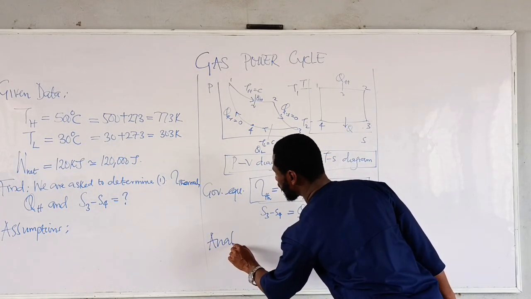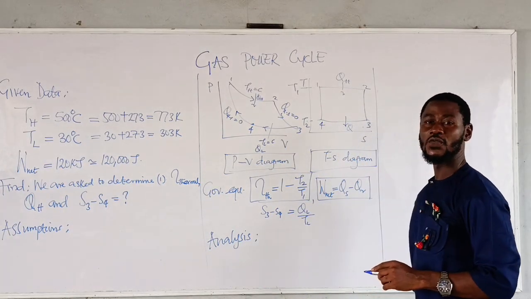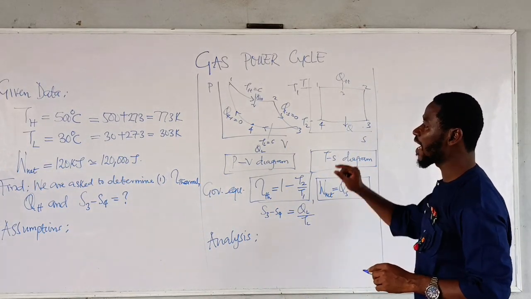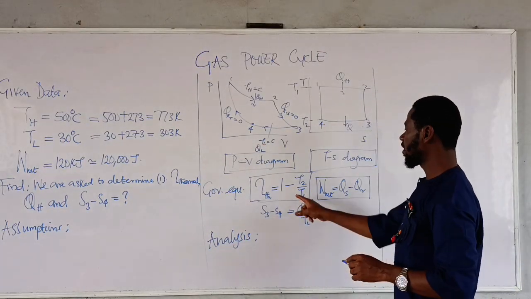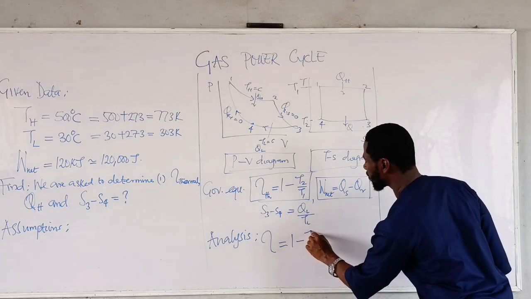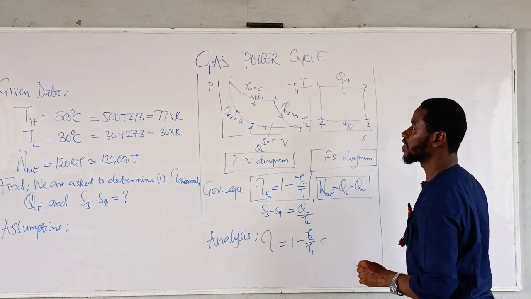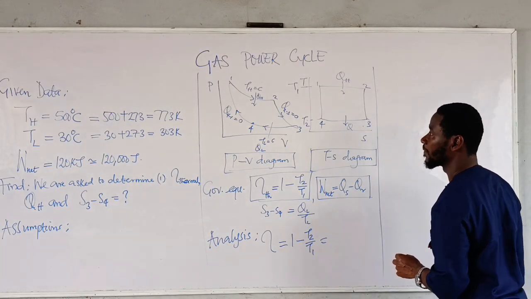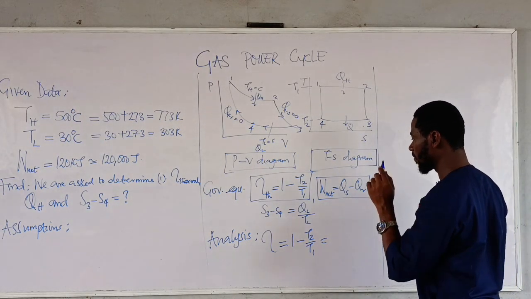Now we want to begin analyzing the problem by solving. The first thing we have to do is to determine the thermal efficiency. From this expression, the thermal efficiency is 1 minus T2 over T1. T2 is given as 303 and T1 is given as 773.